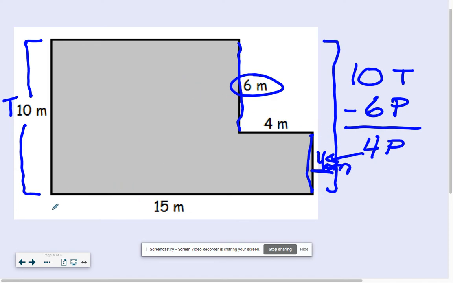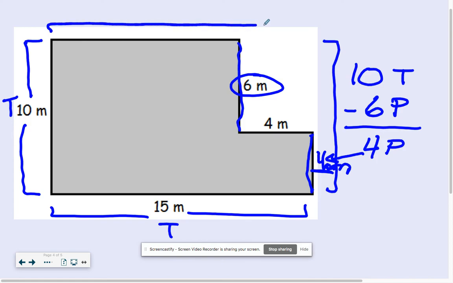Now we can look at the tops and bottoms. On the bottom, we have 15, which is the total. It goes all the way across. So on the top, it has to total 15 all the way across. So 15 is our total.